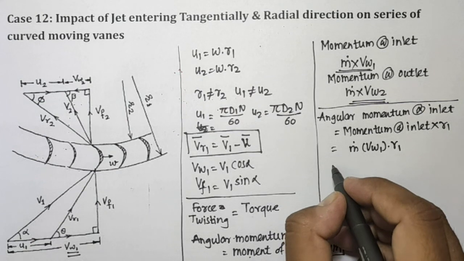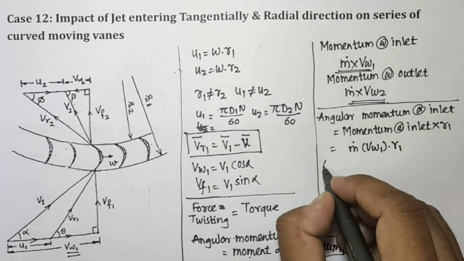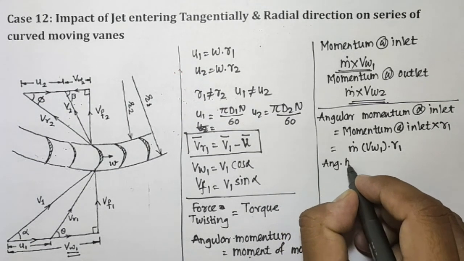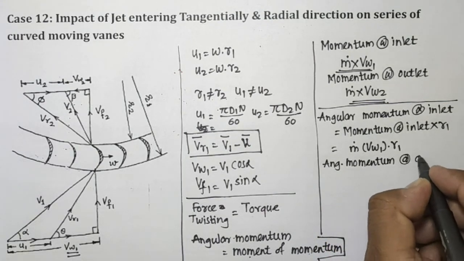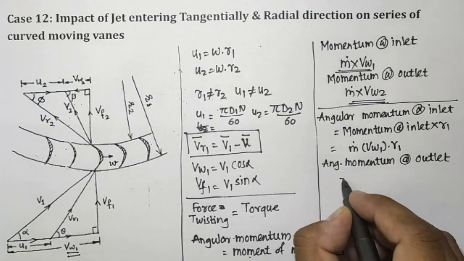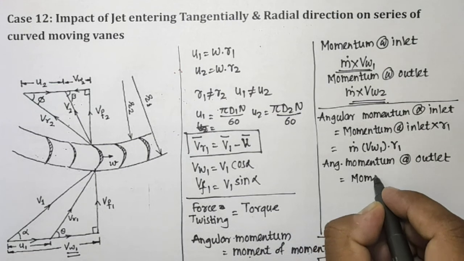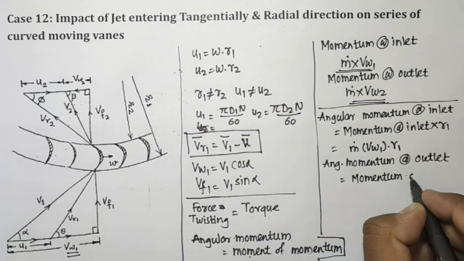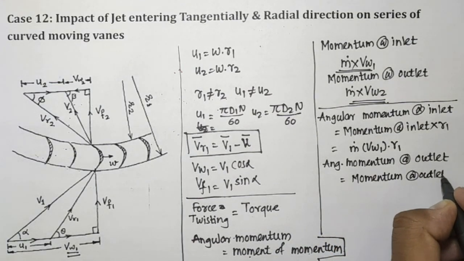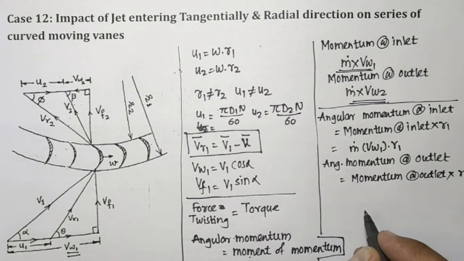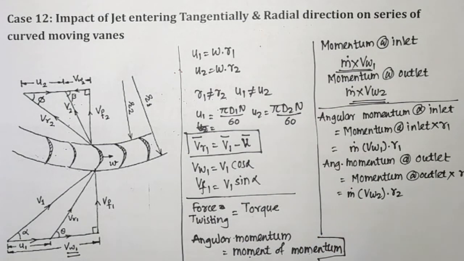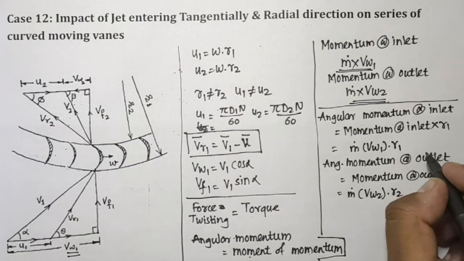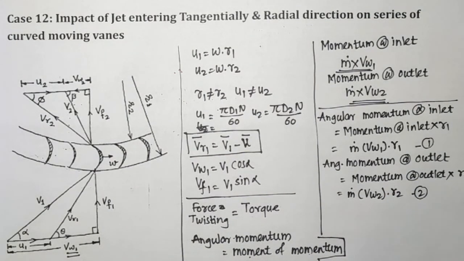Similarly, angular momentum at outlet is equal to momentum at outlet into r2, so it will be written as m dot Vw2 into r2. Okay, so here equation number 1 and equation number 2.